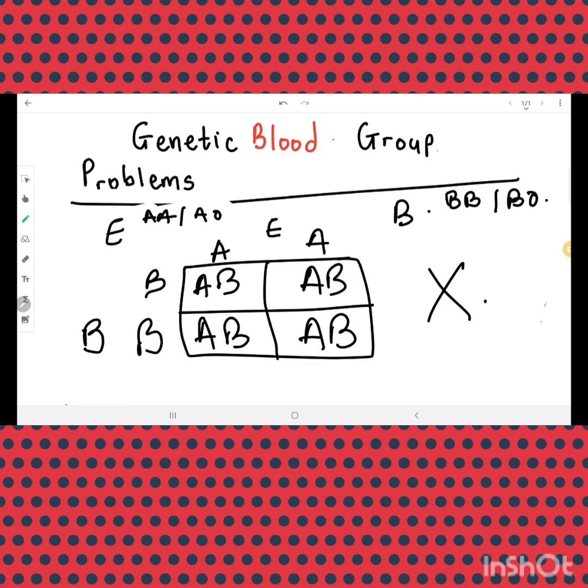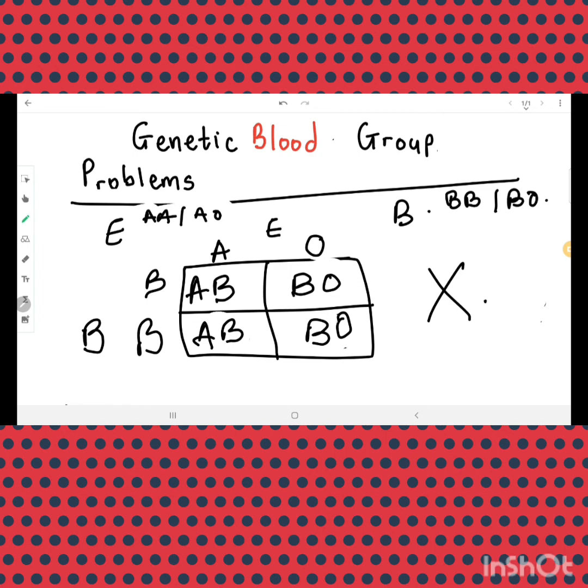Now let me erase all this first. Now let's do AO and BB. So we have AB, BO, AB, and BO.